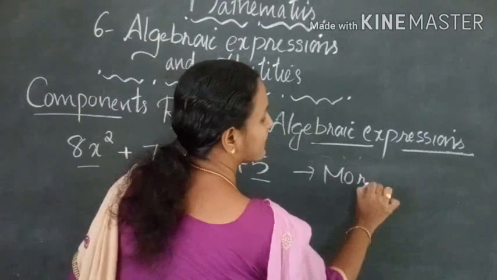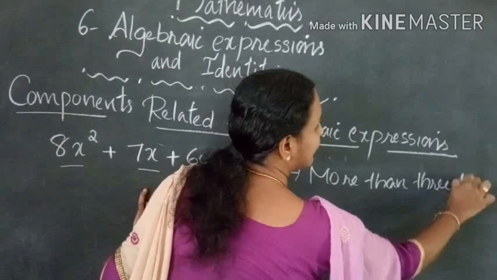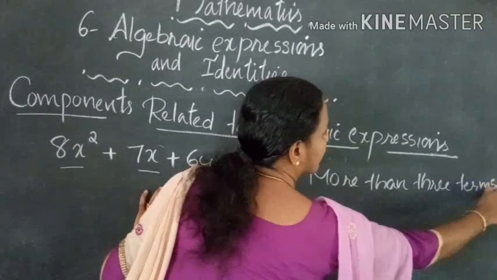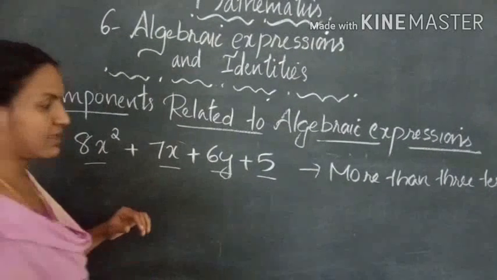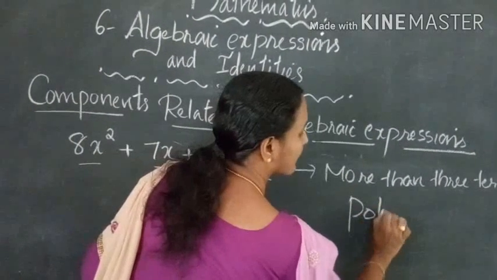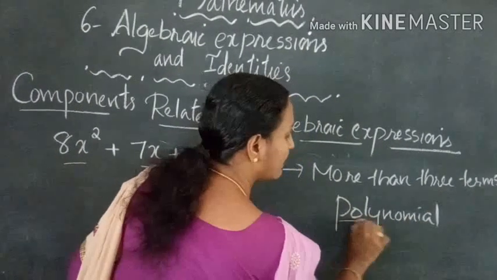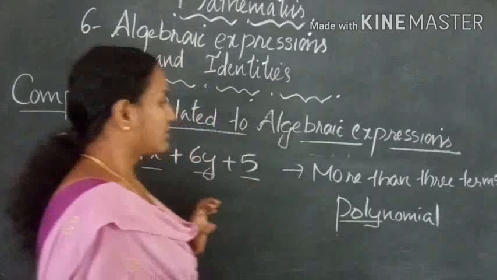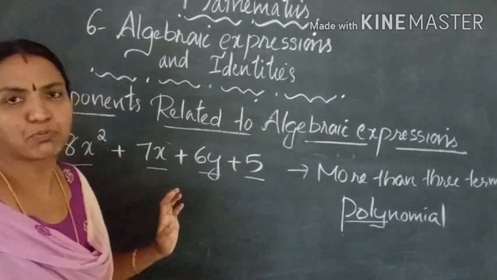More than 3 terms means it is said to be polynomial. Poly means many. So an algebraic expression having more than 3 terms is said to be polynomial.